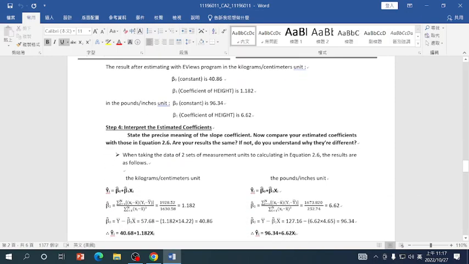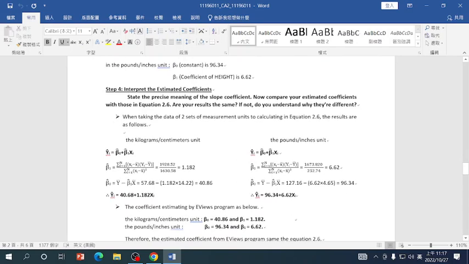And step 4, we found the beta 0 and beta 1 of kilogram per centimeter and pound per inch are the same equation.